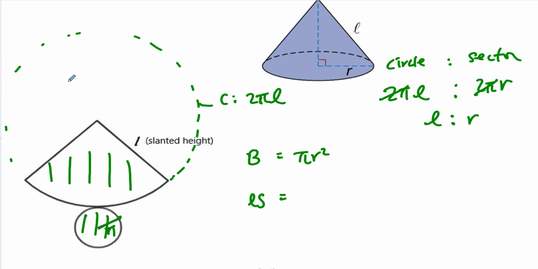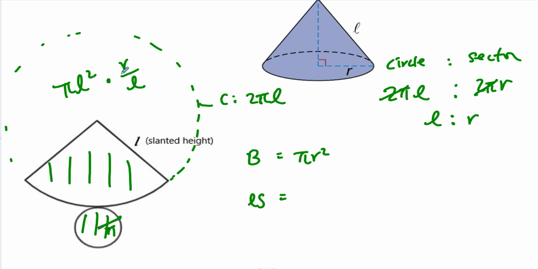So if you think about pi L squared as the area of this big circle, we're not taking all of that, but only part of it. And that is only r over L, part over whole. This is the constant ratio between the bigger circle and the sector. So you can find the ratio between the bigger circle's area and the smaller sector's area with this ratio, right?